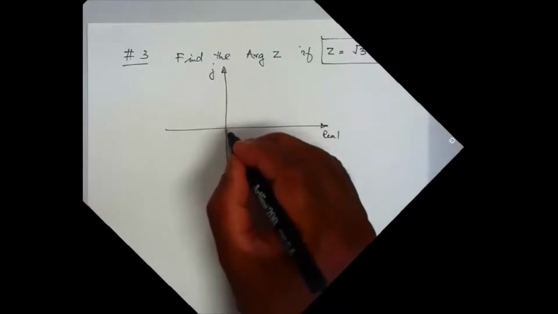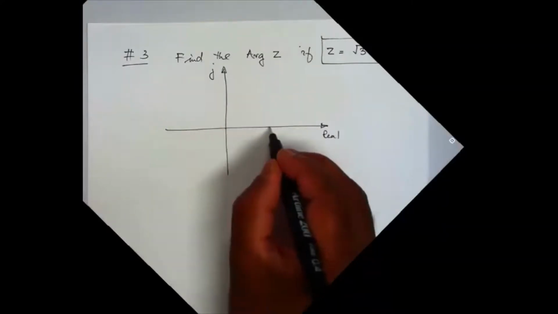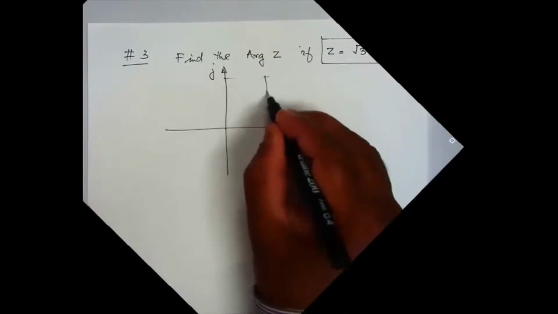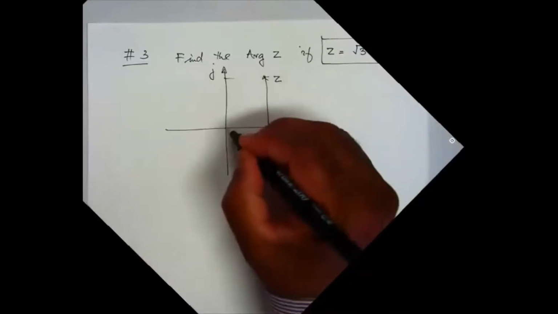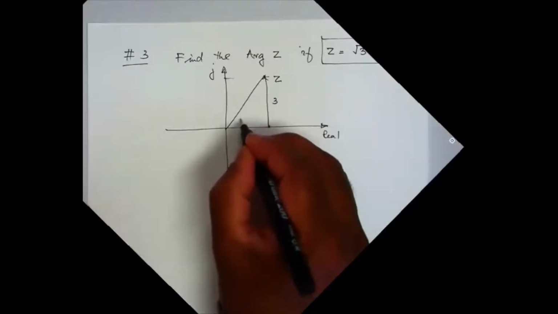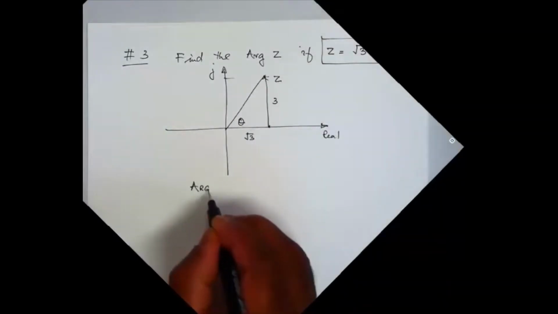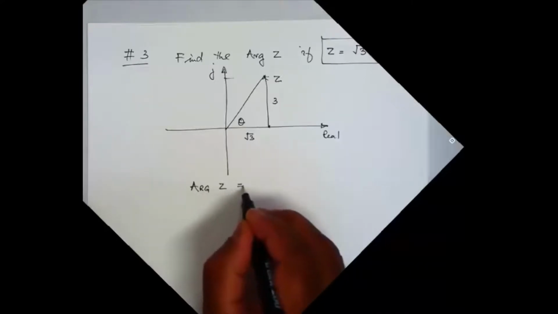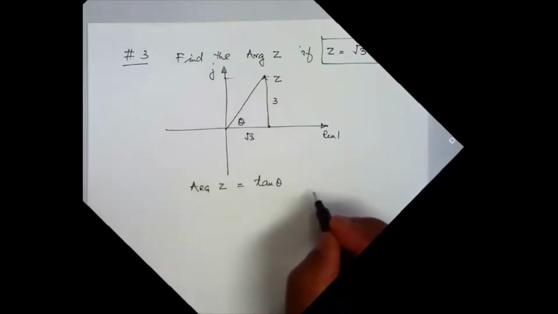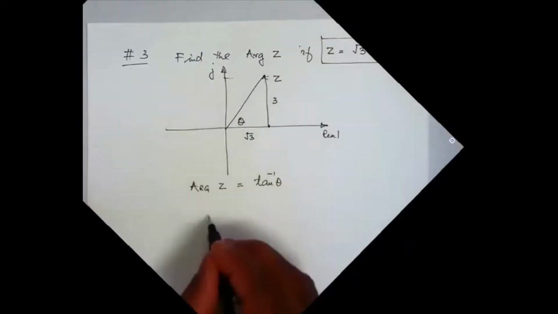So if we represent this in this Argand diagram, say square root 3 is somewhere there and this is there, so it will be a point like that there, say z, and this is root 3 and this is 3, so this is the angle theta, and argument z by definition is tan inverse theta.